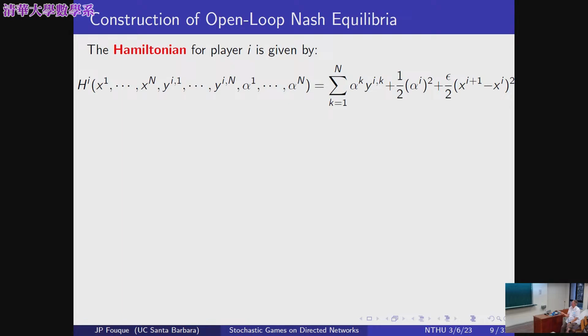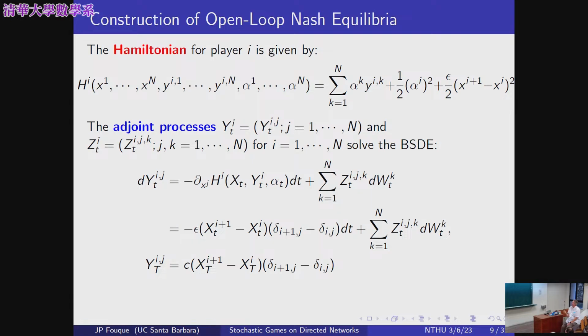Once you write this Hamiltonian, so this is a definition of the Hamiltonian. Once you write the Hamiltonian, and of course this adjoint process, I have to tell you what they are. What you will do is use what is called the stochastic maximum principle, the Pontryagin maximum principle. I don't know if you know that.